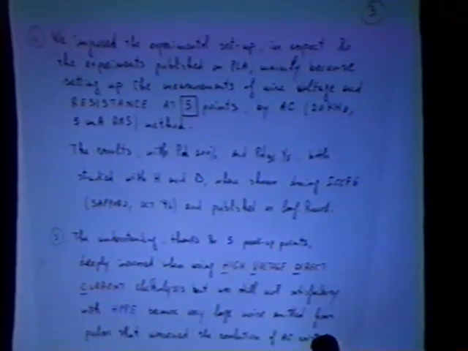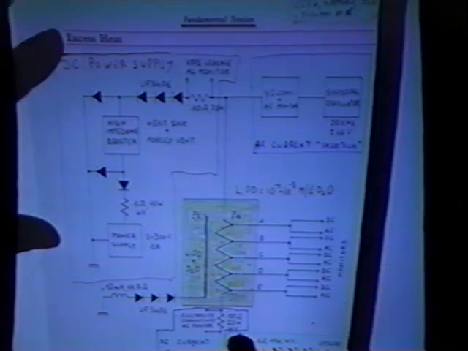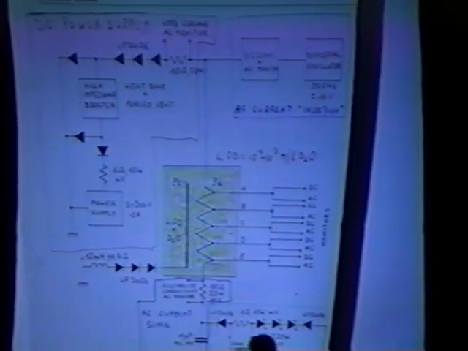So we adopted a longer wire with 5 pickup points. We superimposed an AC current in order to measure the resistance and try to understand what happened.